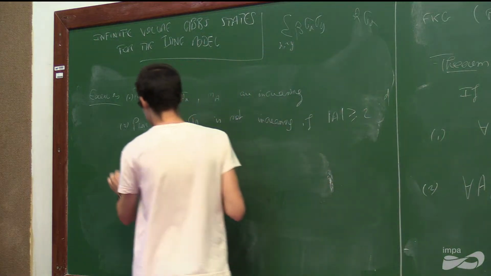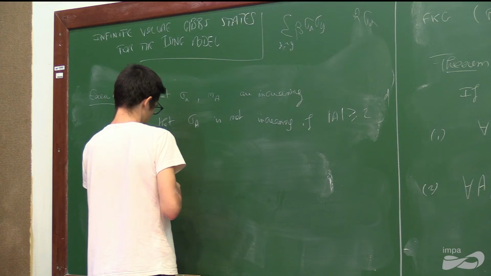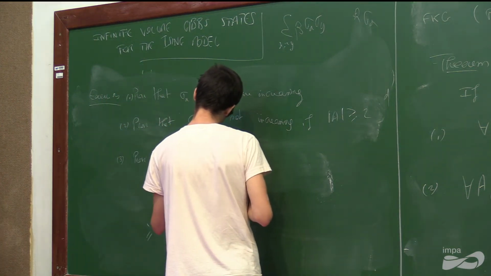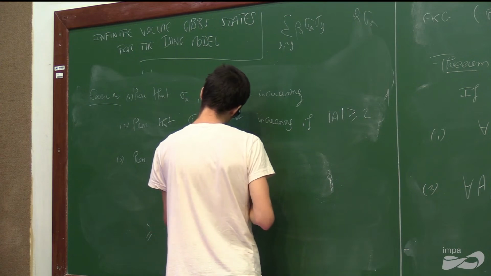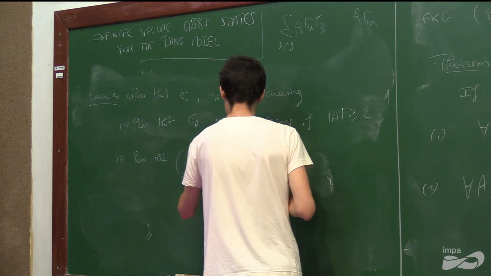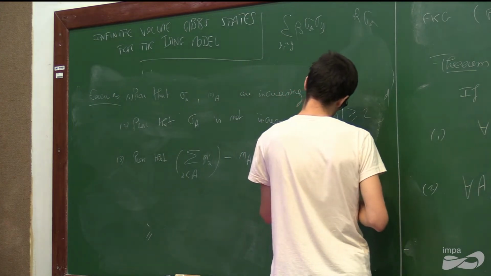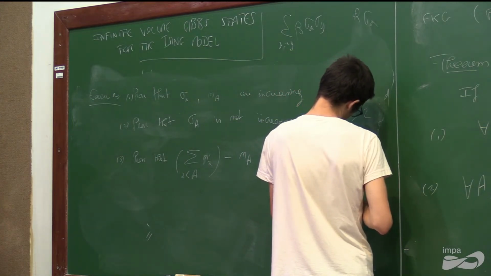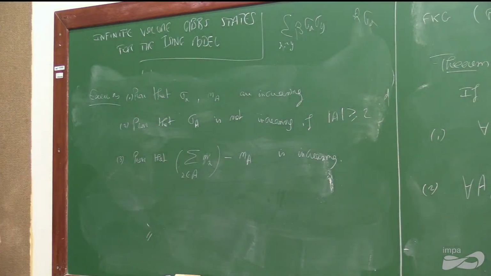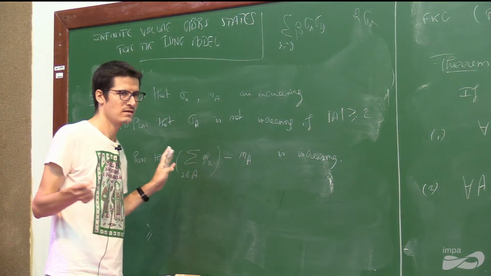And 3, prove that the sum of x in a of sigma x, of nx minus na is increasing. Okay, so just a few examples of increasing and not increasing doesn't mean decreasing.